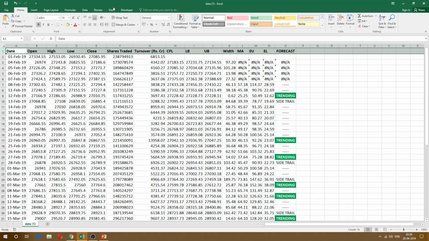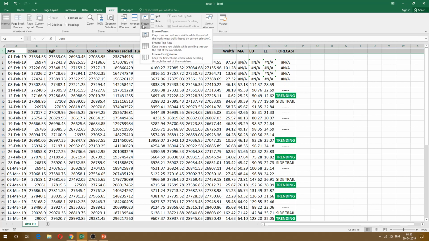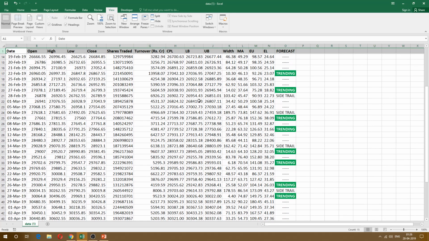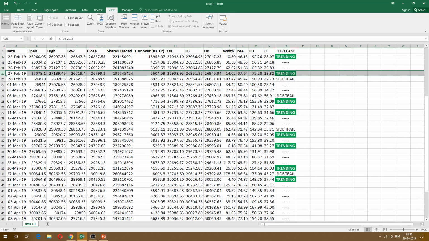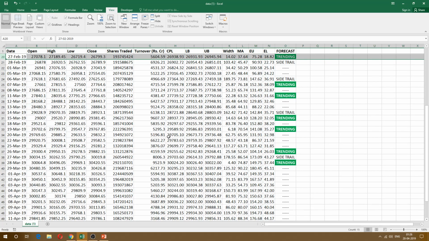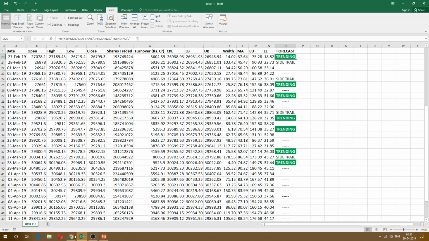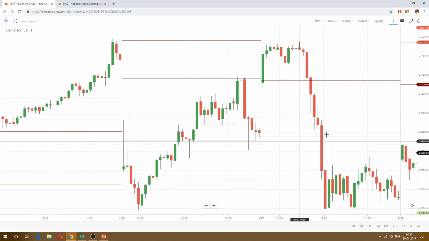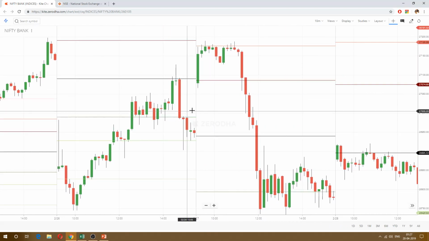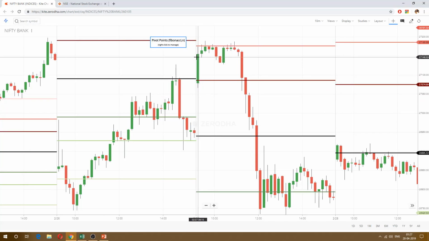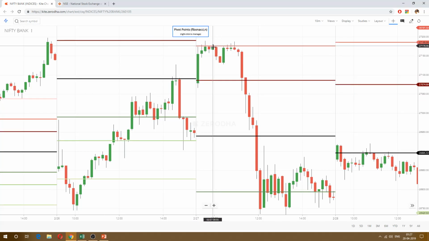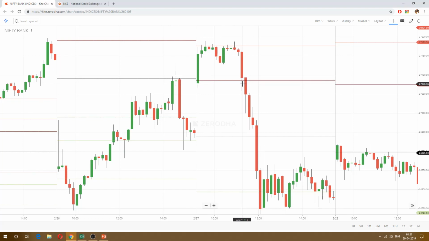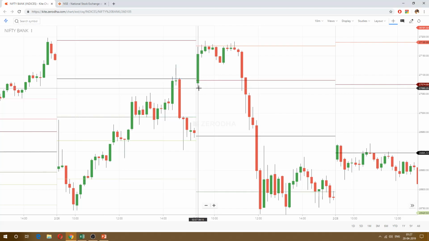Let me freeze the top lane. All right, now let's look at 27th February. The forecast was trending, right? What happened? Oh my god, look at this. It opened here, faced resistance, and the price came down and breached the morning low, not the day's low.